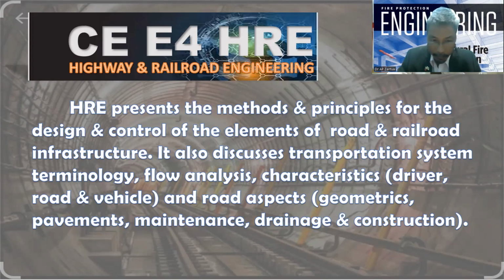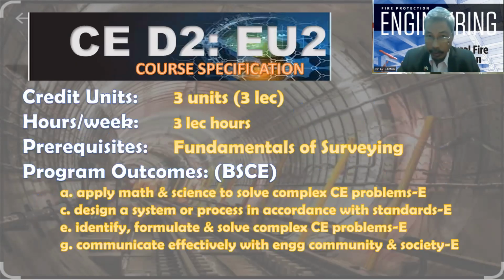Pavements, meaning the surface of the road, maintenance, drainage, and construction. So including after construction, the operation and maintenance. Okay, so let us bear this in mind as the description of our course.